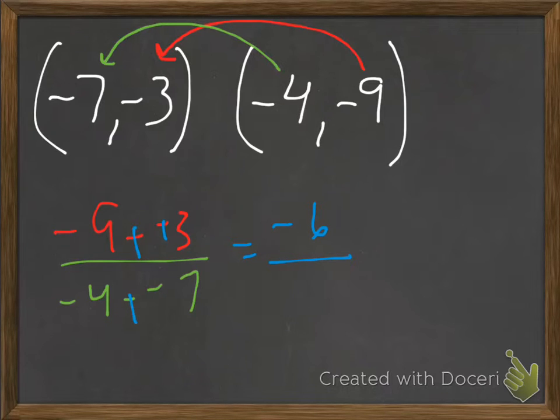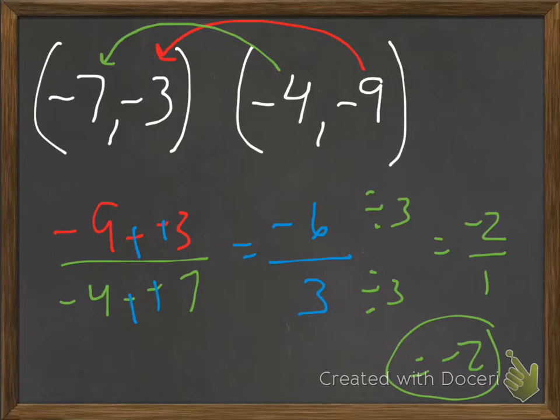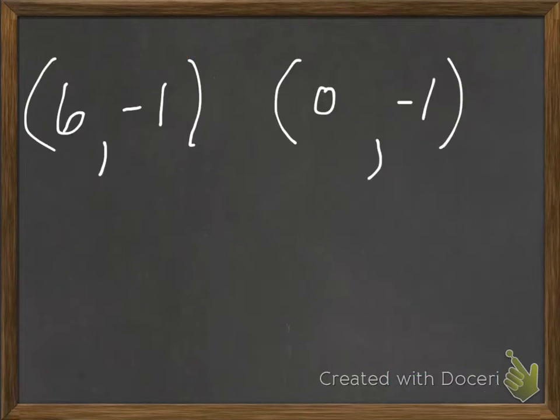Negative 4 minus a negative 7, well, minus a negative 7 makes plus 7. Negative 4 plus 7 is 3. This can be reduced by dividing top and bottom by 3. We get negative 2 over 1, otherwise known as negative 2. Negative 2. Okay, so hopefully you got that one.